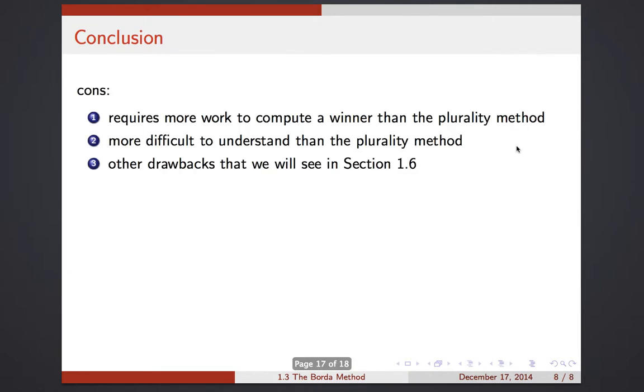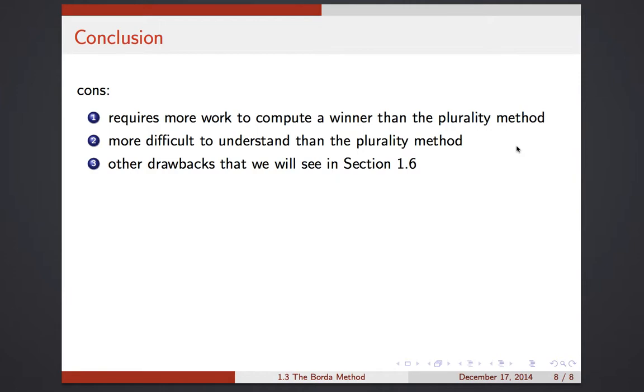So in conclusion, let's list some pros and cons of the Borda count method, just like we did with the plurality method. There are several cons. First and foremost being, it's not as simple as the plurality method. The plurality method barely involved any math, right? You just had to count.